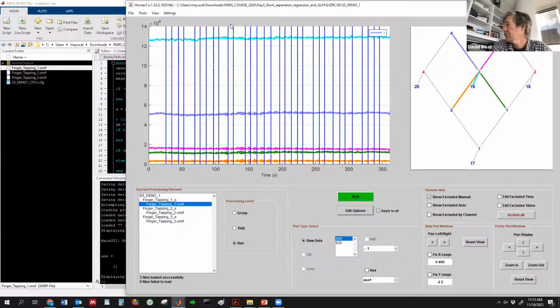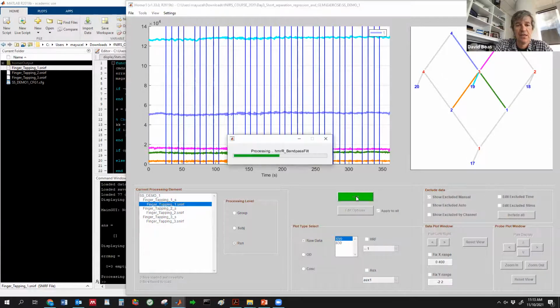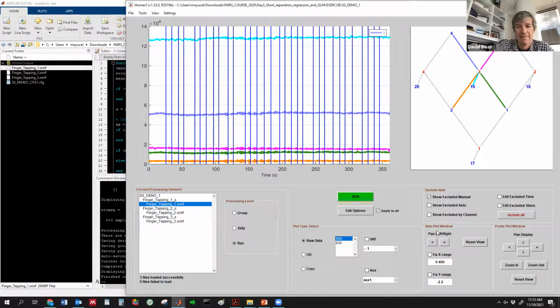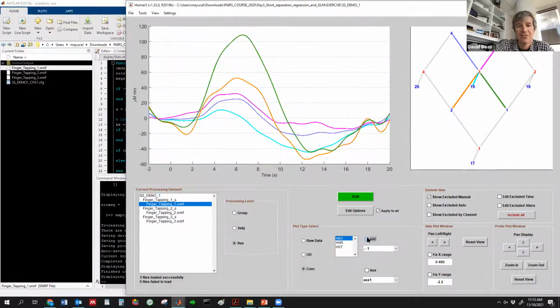So now that we have those parameters, we can go ahead and do analysis at the run level for this one subject. So I say run. And we can look at the HRF for that condition.